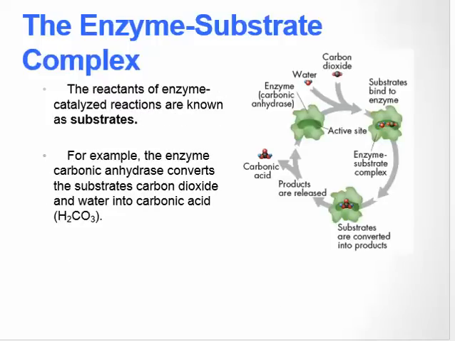Okay, this place where the enzyme substrate complex fits is called the active site. So if you look at this picture here, here's your active site right here. And that's where the water and carbon dioxide will meet. They fit in there, and if they do fit in there, then that reaction is going to go ahead and happen. And that's how an enzyme works. It provides a place for the reaction to happen.